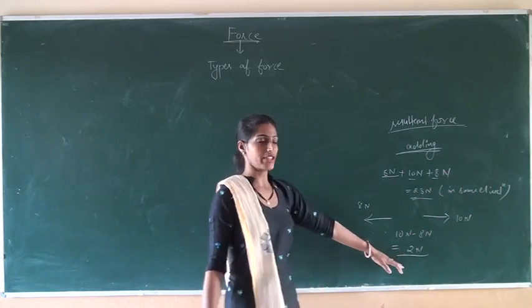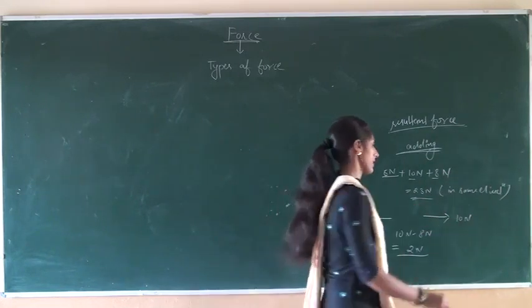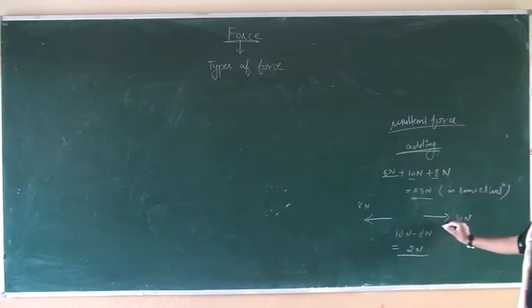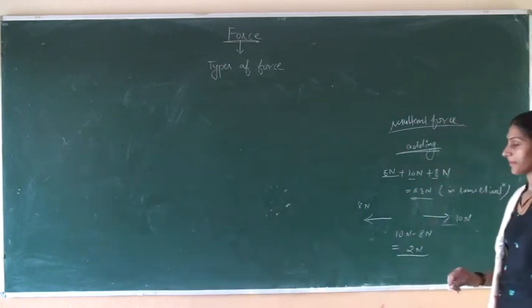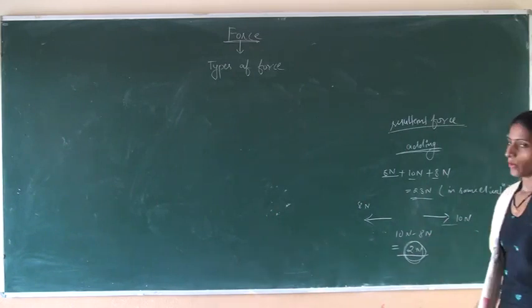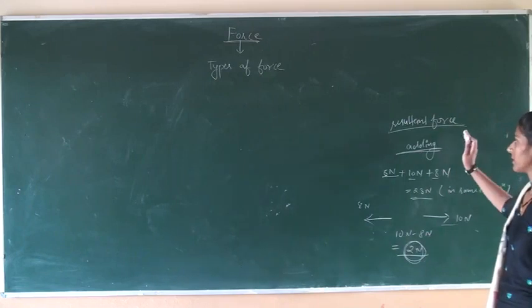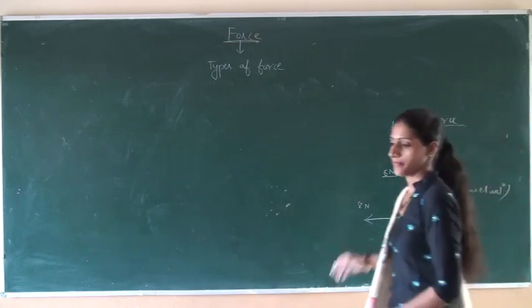And 2 Newton in which direction? The direction of the greater force, towards our right hand side. Okay students? This is the resultant force. So we can calculate resultant force easily.